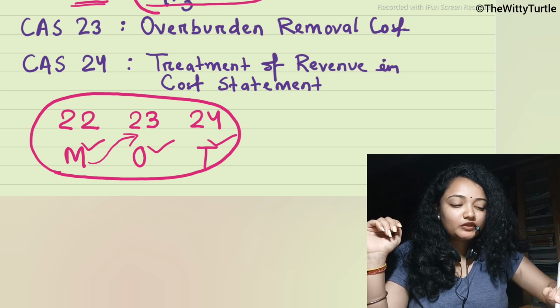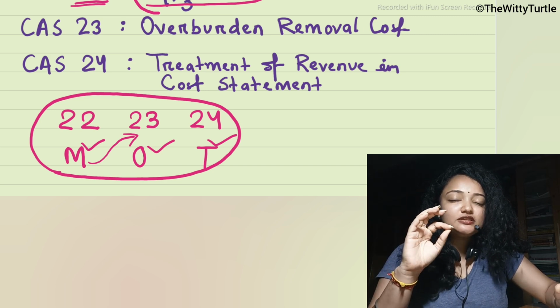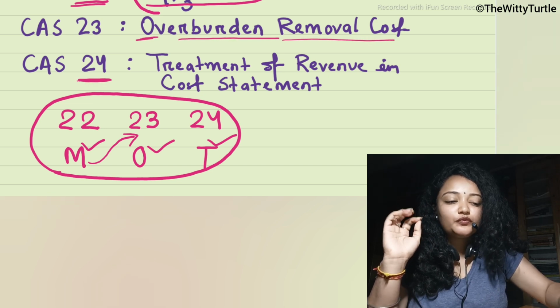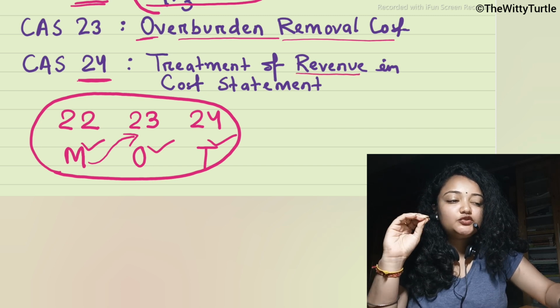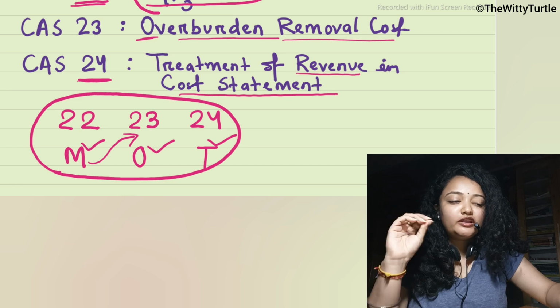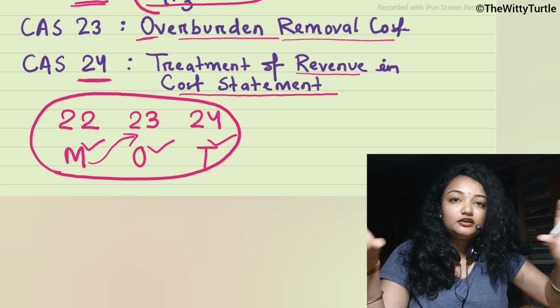So 22 is your manufacturing cost, then 23 stands for O, so O is your overburden removal cost. Then we have 24 and the last CAS that says treatment of revenue in cost statement, right? That's how you're going to remember it.